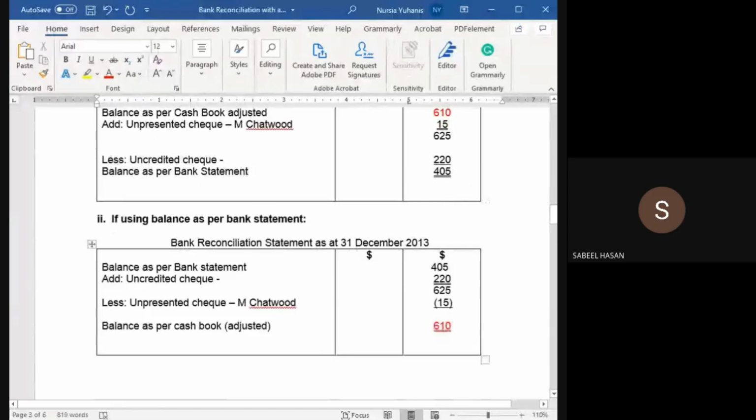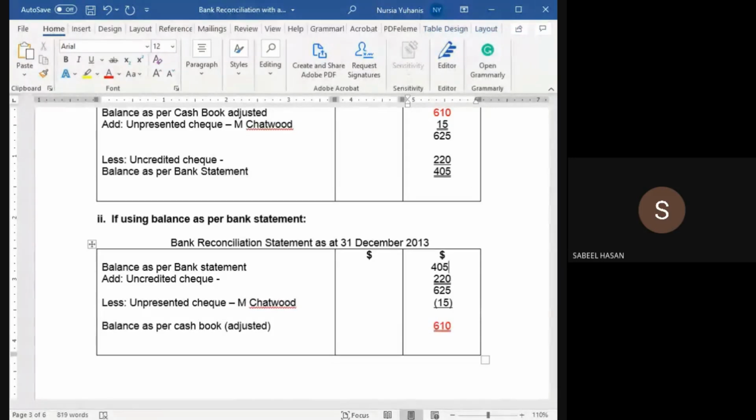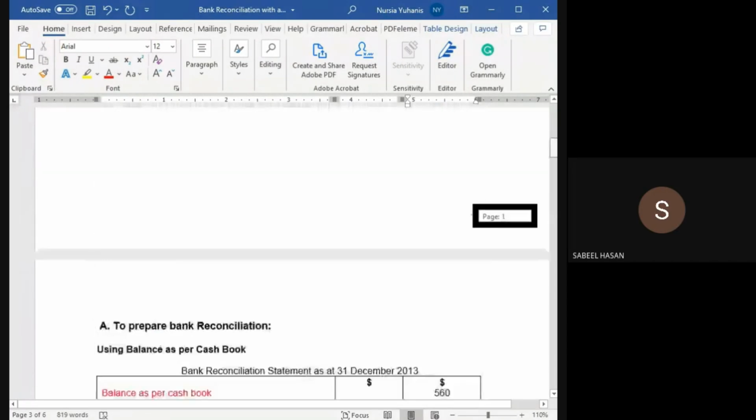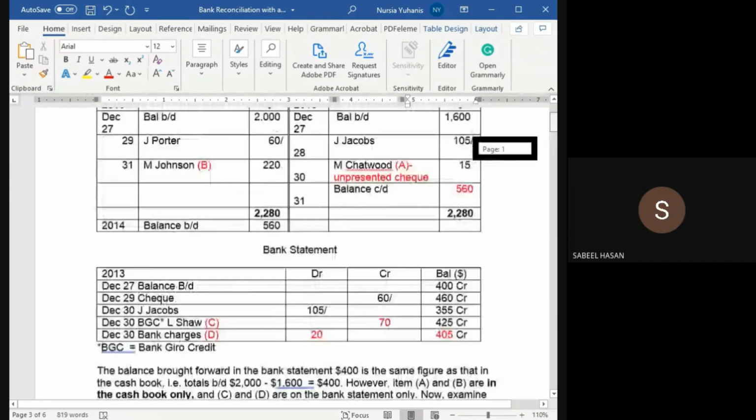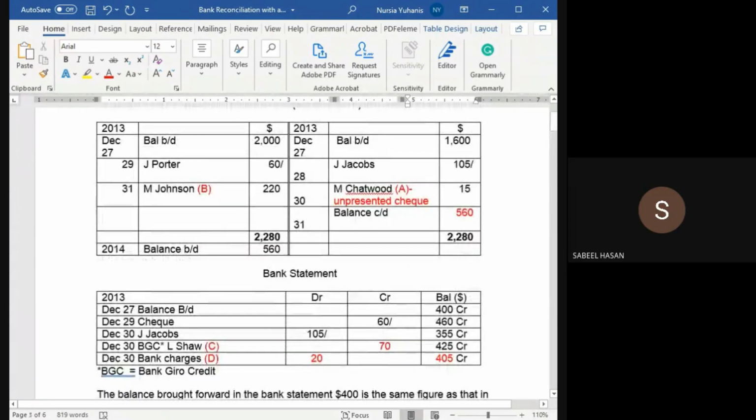Now, if you start with the bank statement balance, you need to add the uncredited check. Which one is the uncredited check? The uncredited check is this one. This one you call the uncredited check.